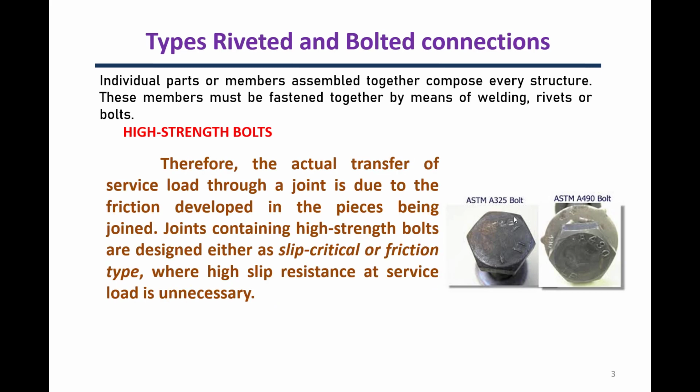Therefore, the actual transfer of service load through a joint is due to the friction developed in the pieces being joined. Joints containing high strength bolts are designed either as slip critical or friction type, where high slip resistance at service load is unnecessary.